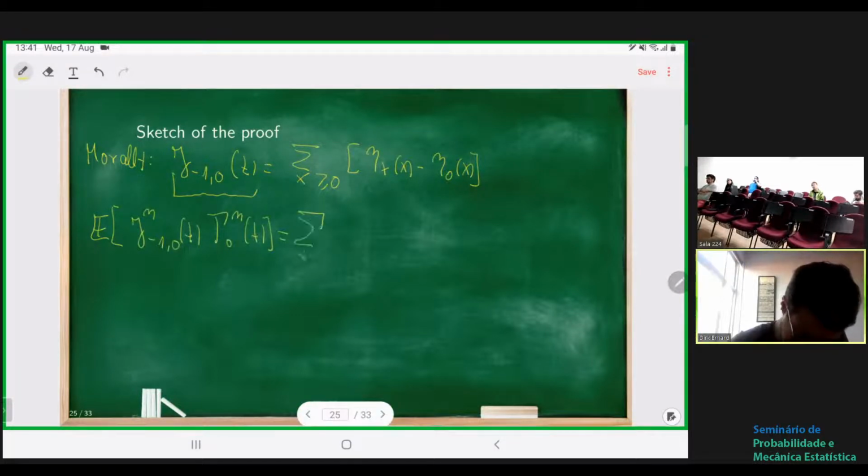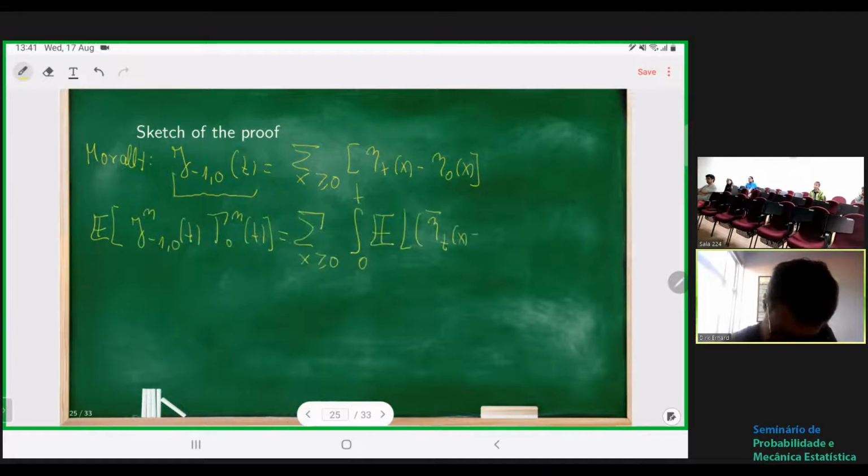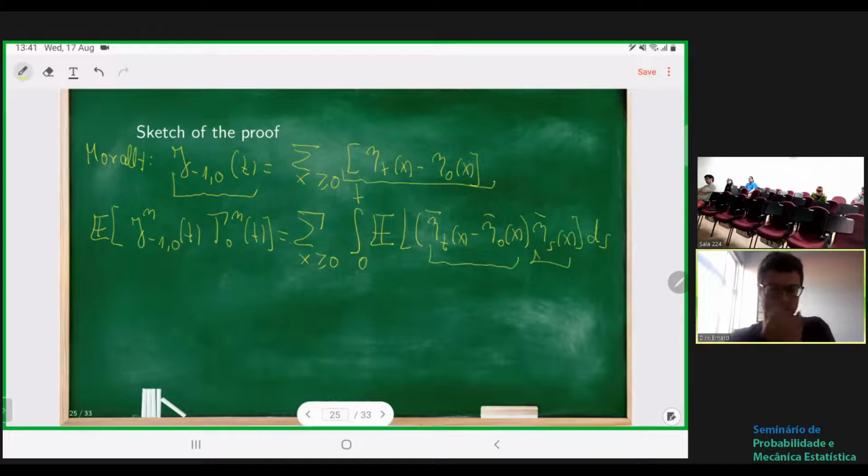Using our moral identity, that's the sum over x non-negative, integral from 0 to t, of the expectation of eta bar t of x minus eta bar 0 of x times eta bar s of x, ds. Yeah? So this term comes from this formula, and the second term comes from the definition of the occupation time. Now, if you're in equilibrium, it's not so difficult to compute this.